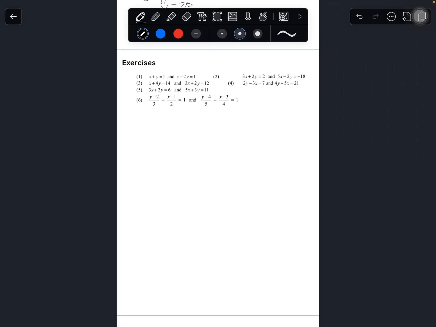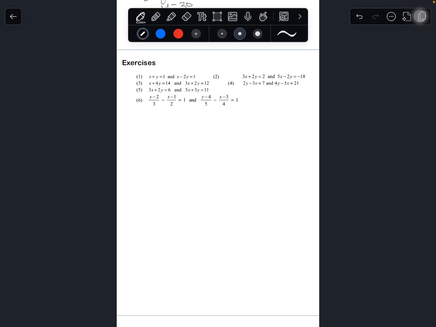Let's move on to our second question. When we look at our second question, we have 3x plus 2y equals 2 and 5x minus 2y equals 18. Now we have y's that have the same coefficient of 2, so we're going to use the elimination method.